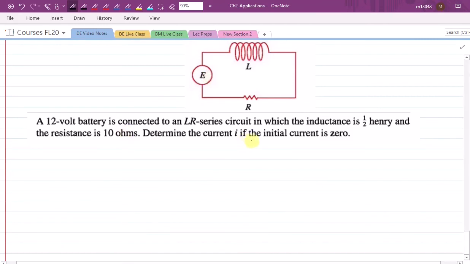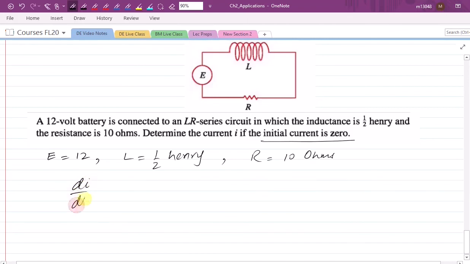So initial current is 0 is going to serve as our initial condition. The rest are values only. E equals 12, the volt battery, and then L equals half Henry, and then R equals 10 ohms, and that's all we need.